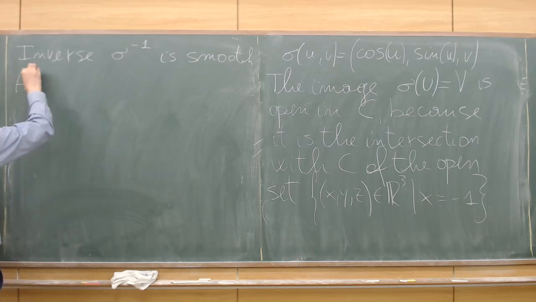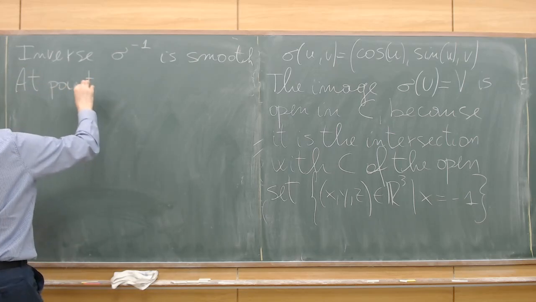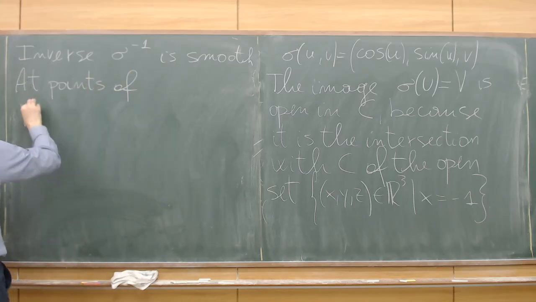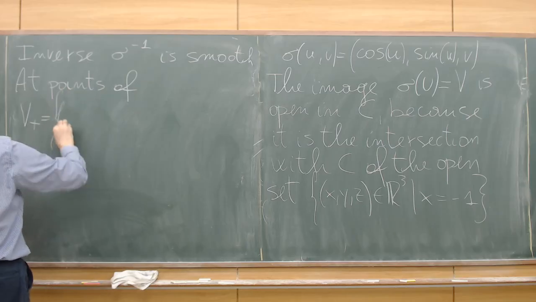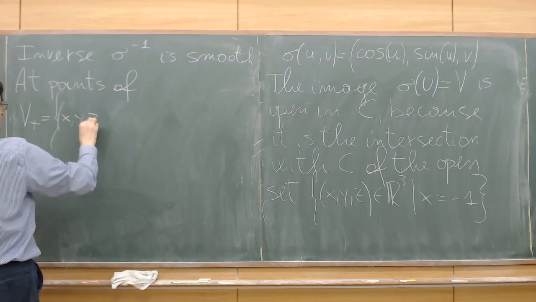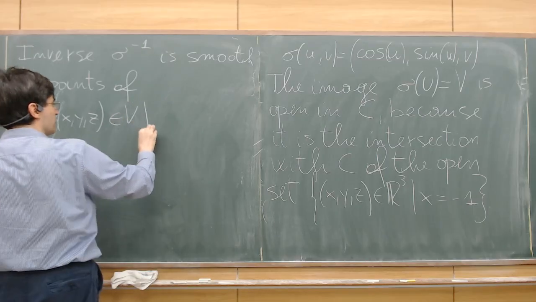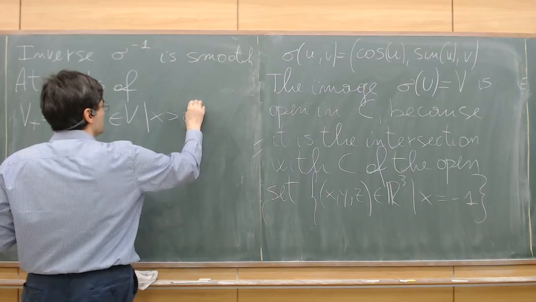So it points of V plus, which is a set of points having coordinates x, y, z in V with x positive.